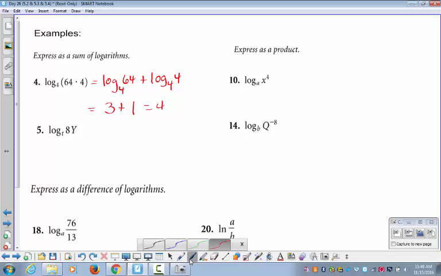All right, you guys do 5? Write it as a sum of logs. Log base t of 8y.